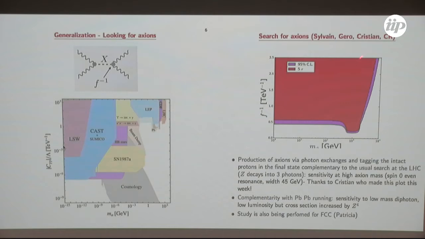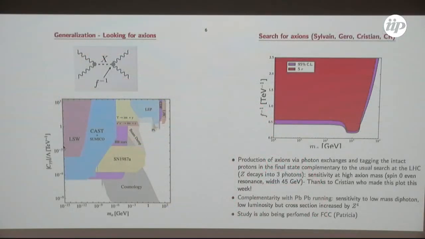So all this domain is completely new. This is what was done by Christian and Gero and Sylvain: to consider a spin zero even resonance. For now, we use the constant width, so this will be modified in the updated version, but we wanted to get at least 1 plot to show you today. That's why we did it quickly with a constant width.